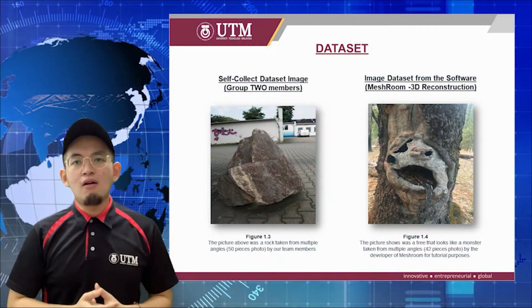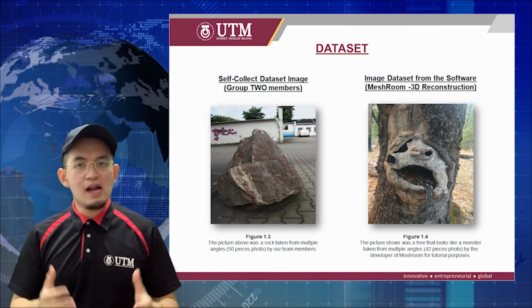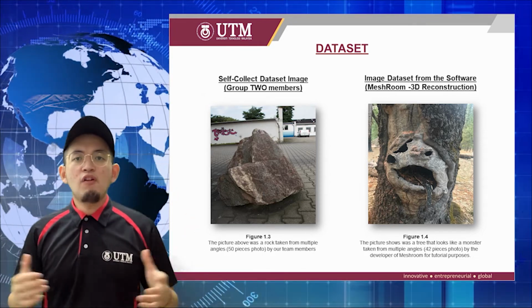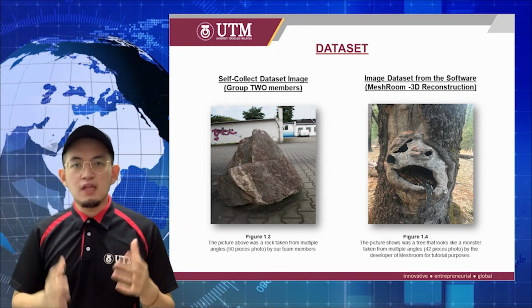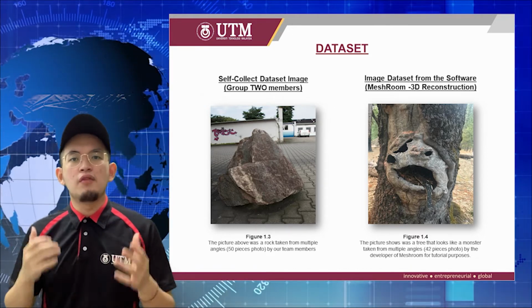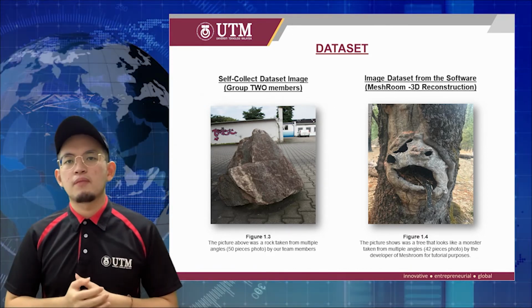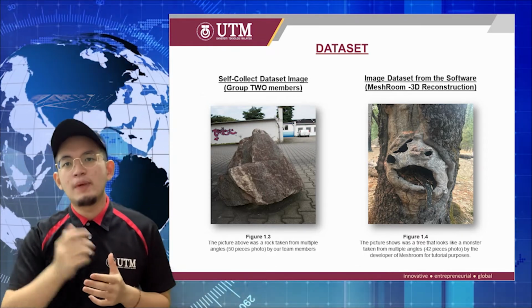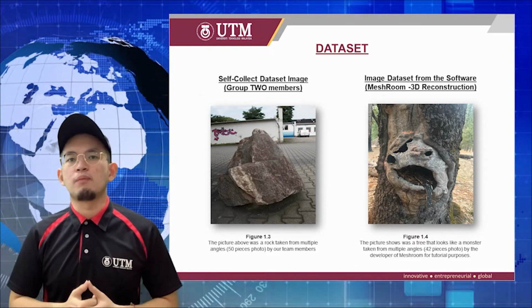Alright, so now I will present the part on data and processing. Before we start our project, firstly, we need to download the MESHROOM software from the link released by AliceVision. Then, click and open the MESHROOM software to start our job.